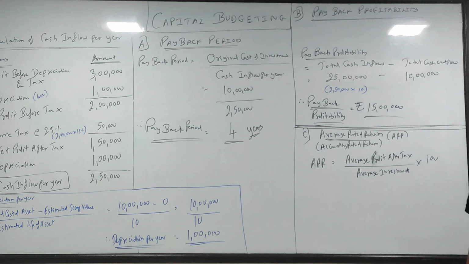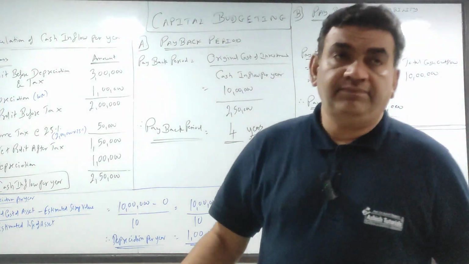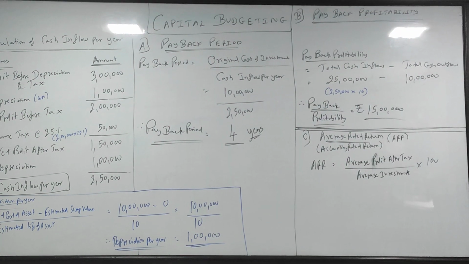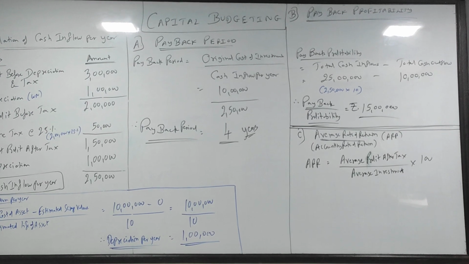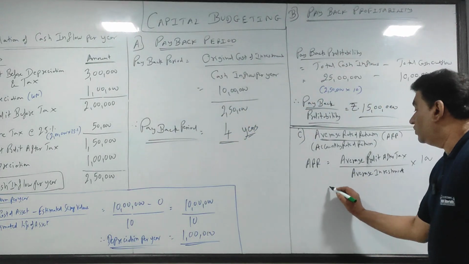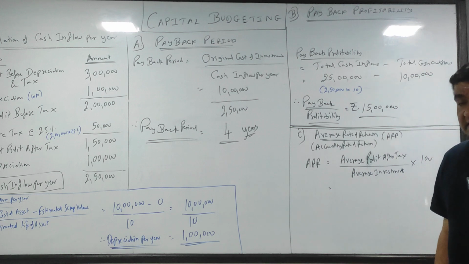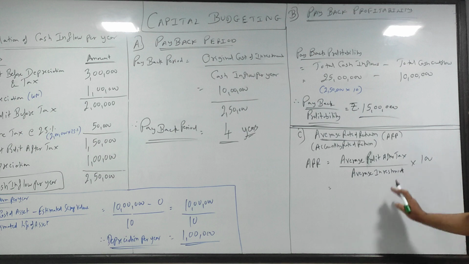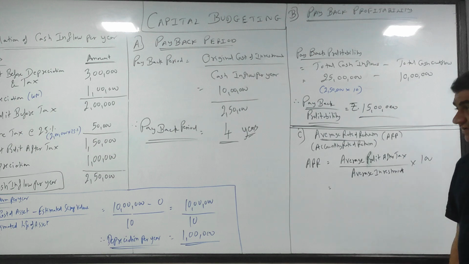Average profit after tax upon average investment into 100. That is my ARR. Okay, average profit after tax upon average investment into 100. Now listen guys, let's take one by one. Average profit after tax. Why we are using the word average?